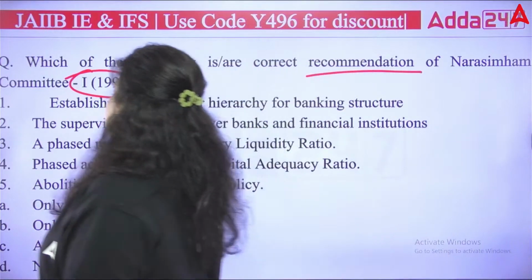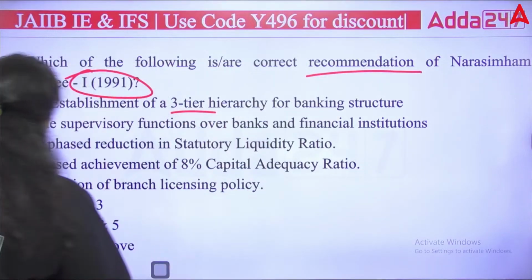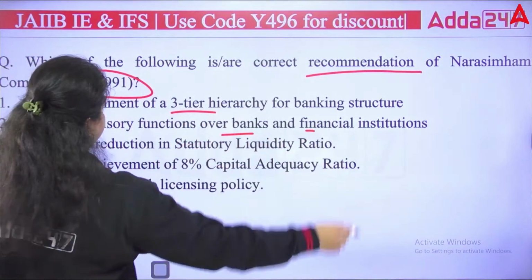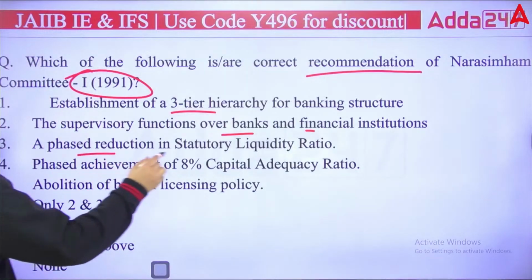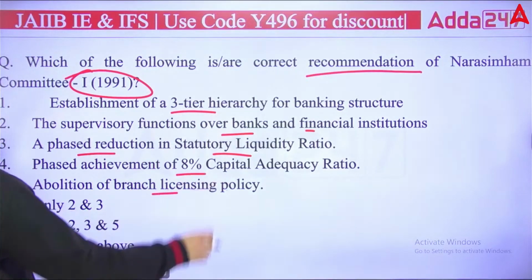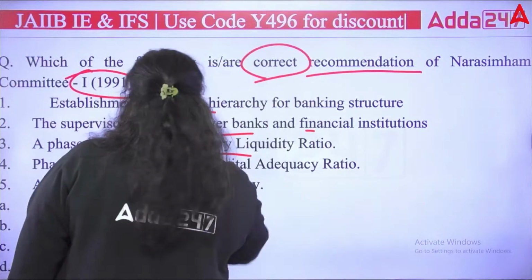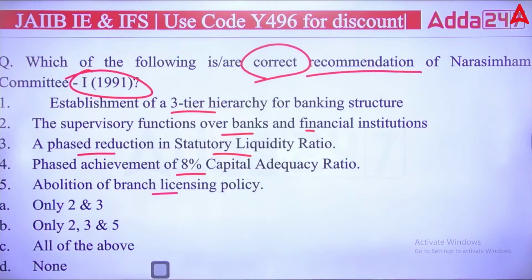Now the first is saying establishment of a 3-tier hierarchy for banking structure, the supervisory function over banks and financial institutions, a phased reduction in SLR, phased achievement of 8% capital adequacy ratio, abolition of branch licensing policy. So which of the following are the correct recommendations? Let me know.